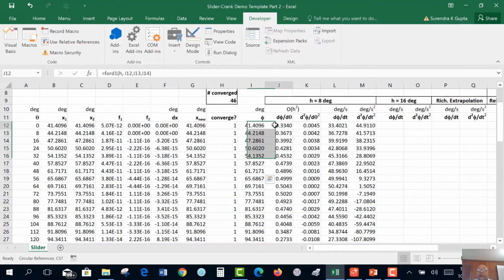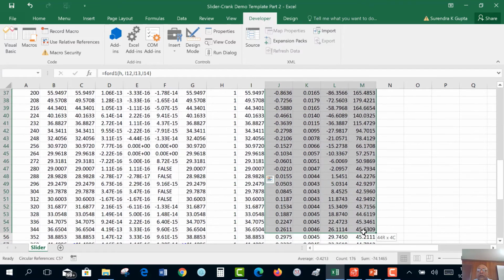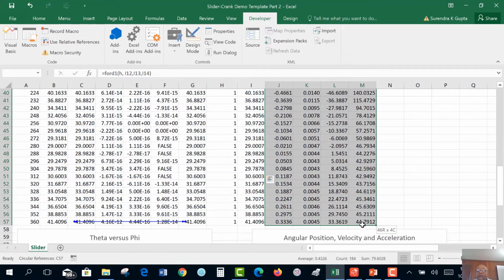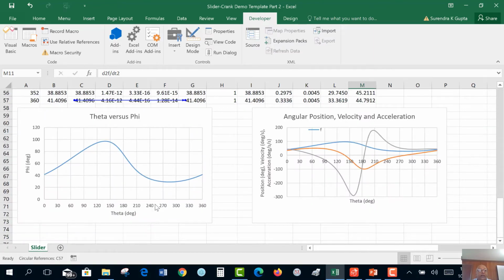We used that to create this table. In this one, we first found the derivative of phi with respect to theta, the second derivative, and then we multiplied by omega and omega squared. Now I want you to have this table. Once you have this table, we plotted theta versus phi and theta versus angular position, velocity, and acceleration. So we got this graph.